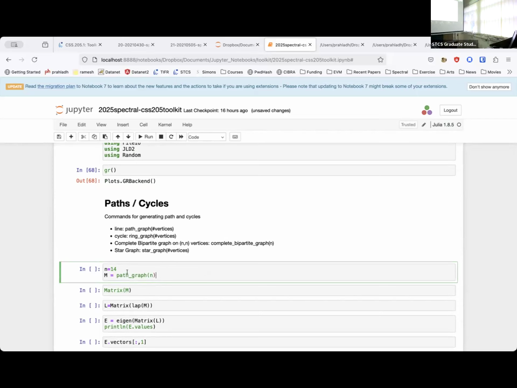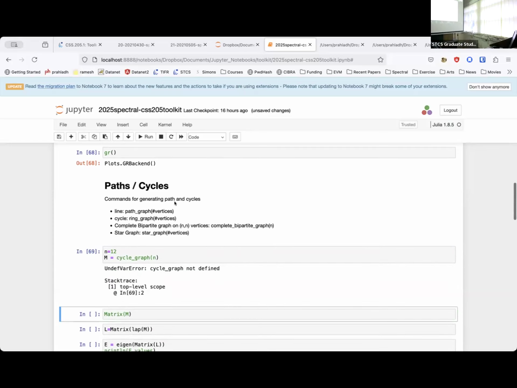Let's start with a cycle graph on say 12 vertices. This is code written by him, in which when I instantiate it this way and then ask for matrix M, the matrix is instantiated to the adjacency matrix of this particular graph. It's called a ring graph.